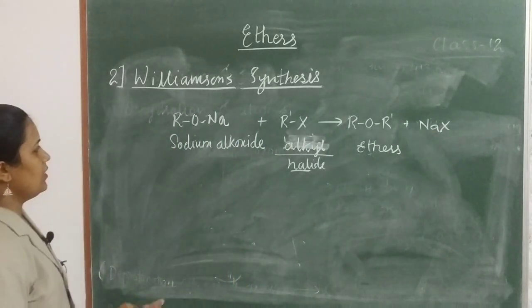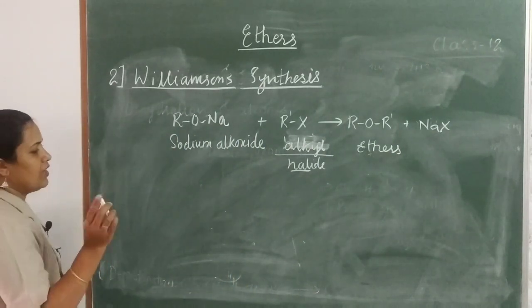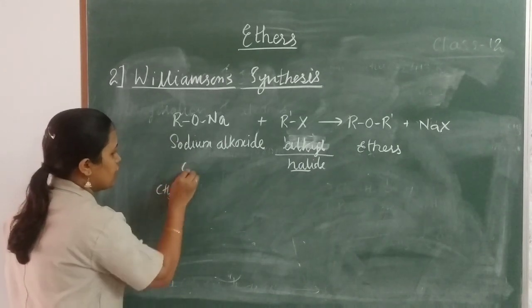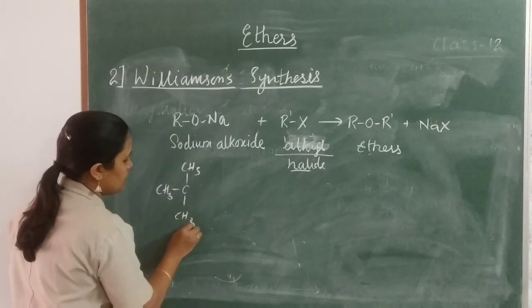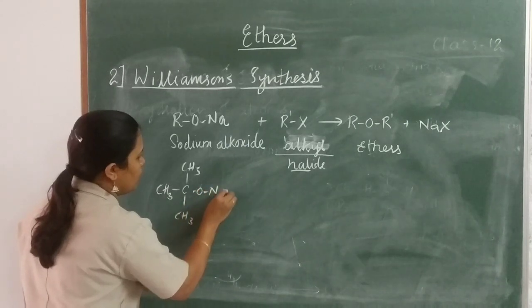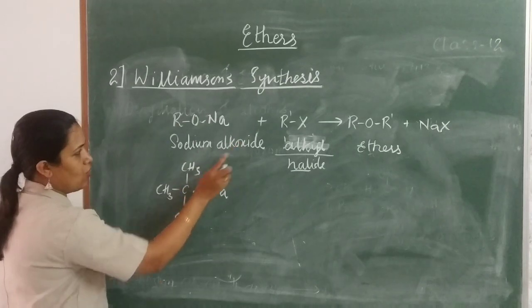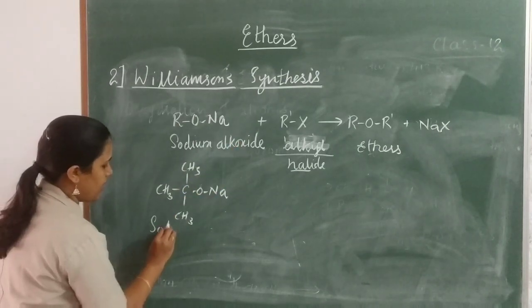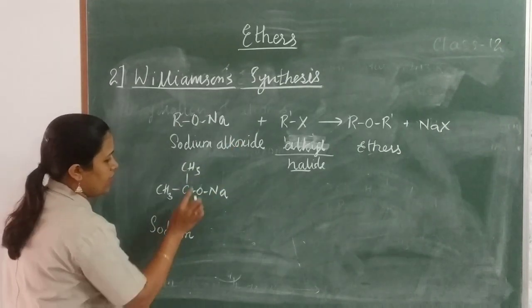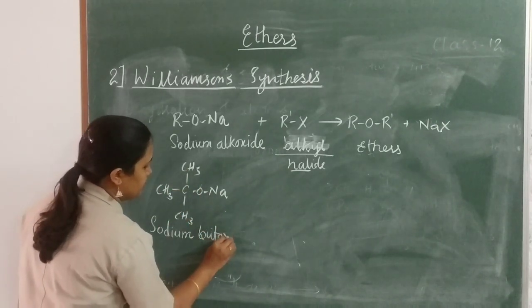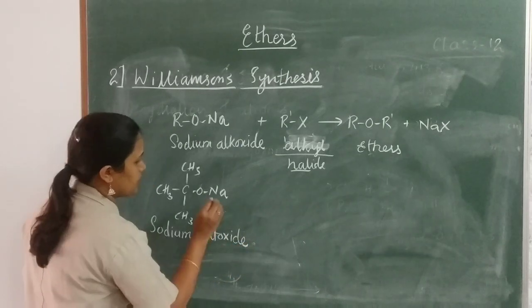Okay, now let's see sodium alkoxide. Here I am having CH3, CH3, CH3, C, ONa. Now let's see what is the name of this compound. As it is sodium alkoxide, I'll write its name as sodium 1, 2, 3, 4, butoxide. Sodium butoxide.